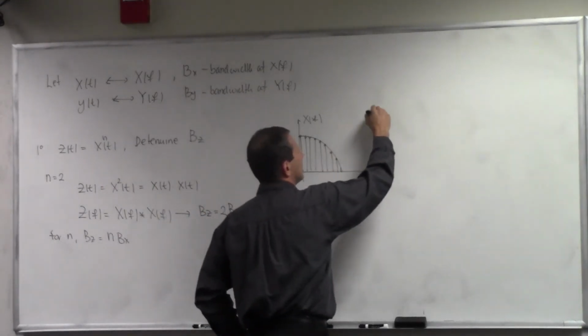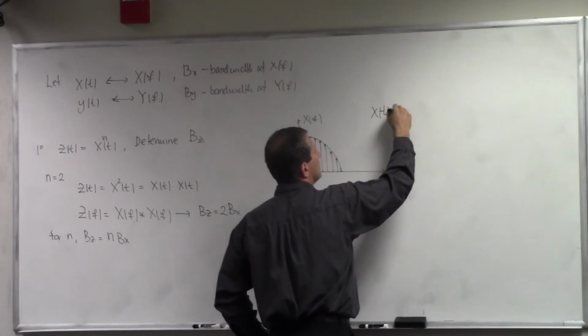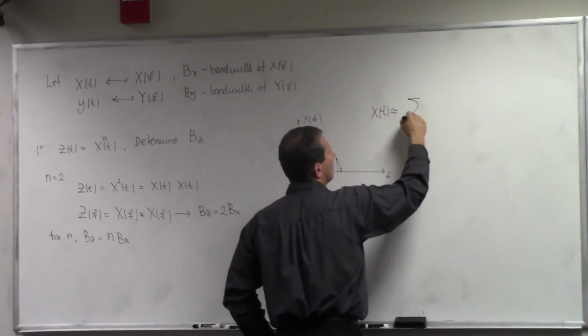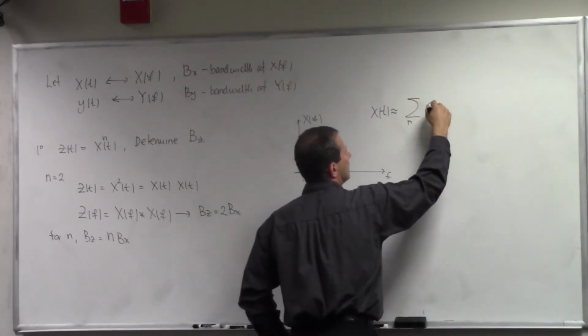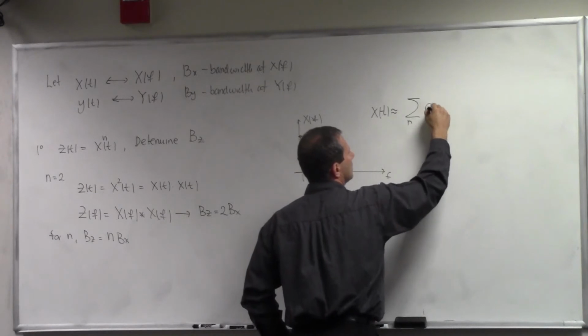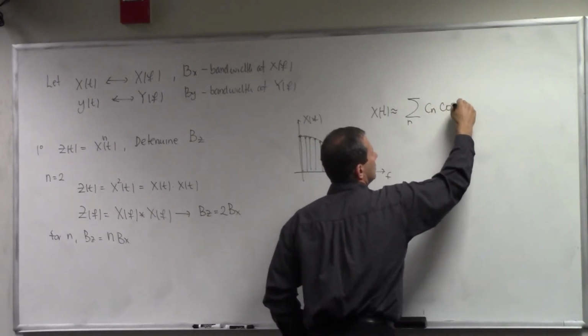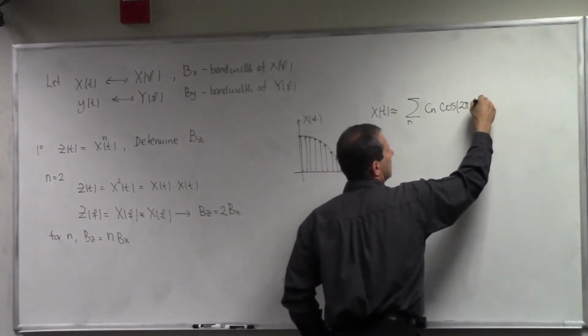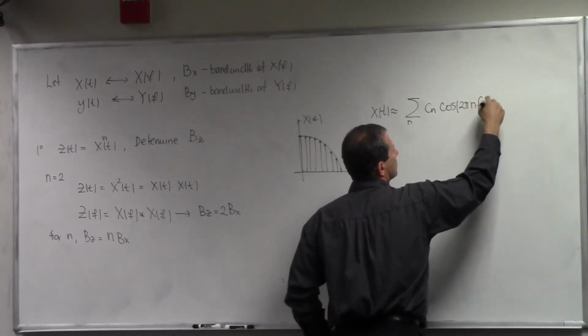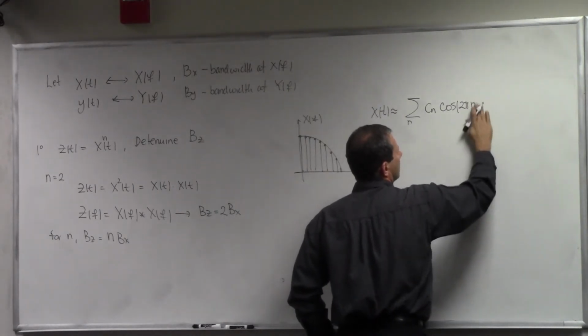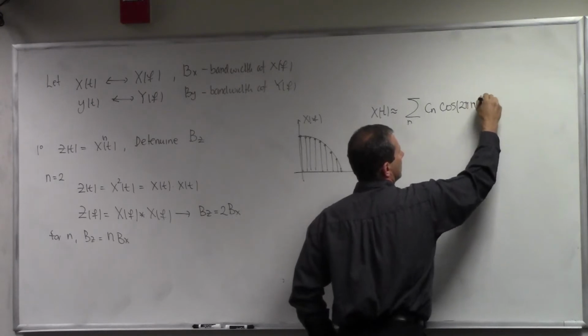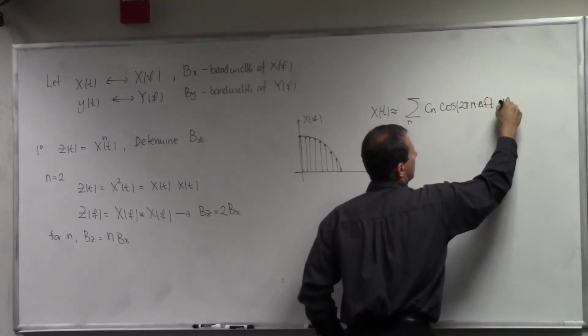Let's say something like this. x of t is approximately the sum over n of some magnitude, let me call it Cn, cosine 2 pi n delta f t plus some phi n, right?